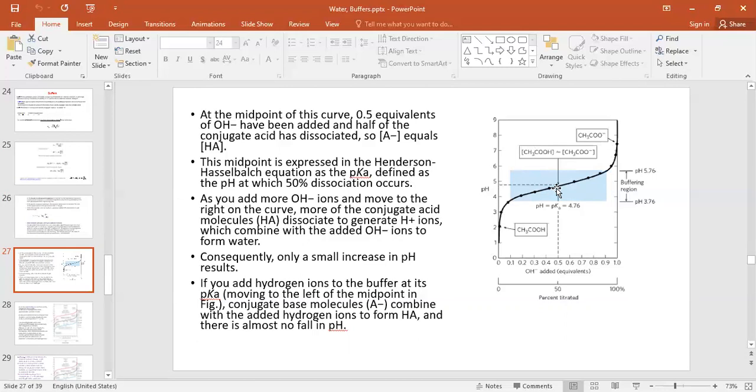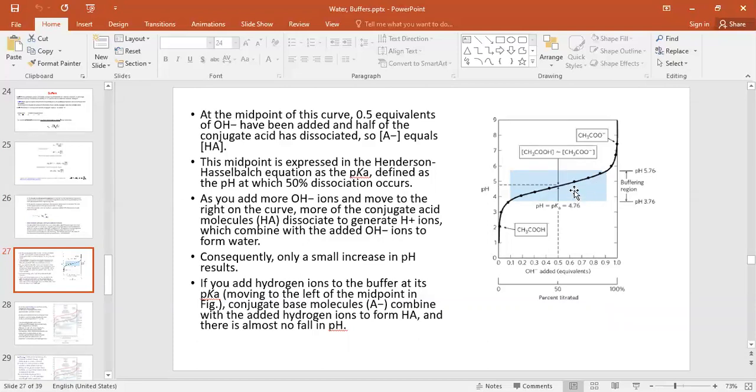It is defined as the pH at which 50% of the weak acid is dissociated. As you add more OH ions and move to the right on the curve, more of the weak acid molecules dissociate to generate hydrogen ions, which combine with added OH ions to form water.